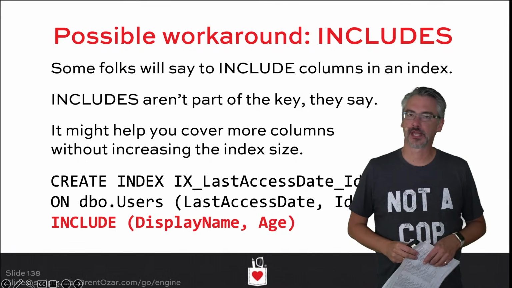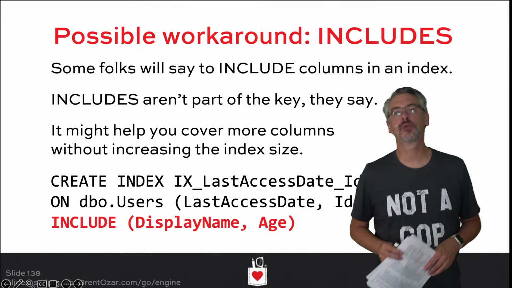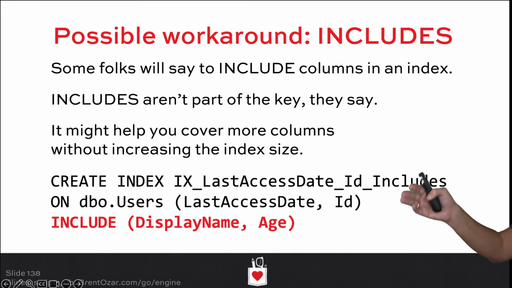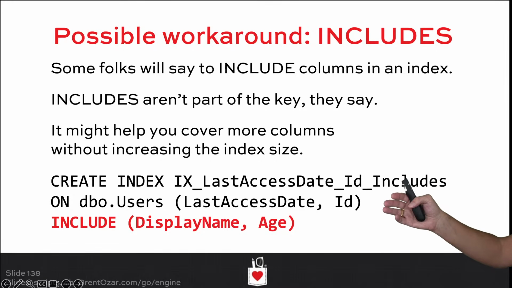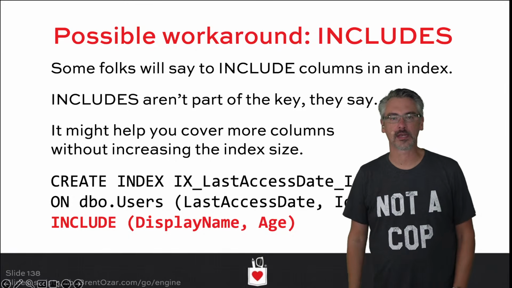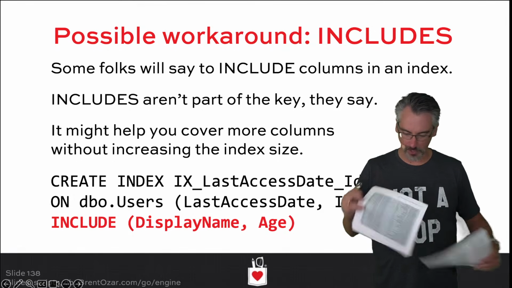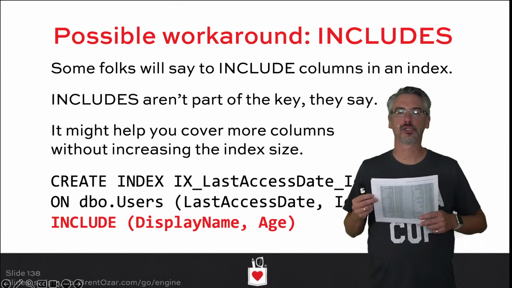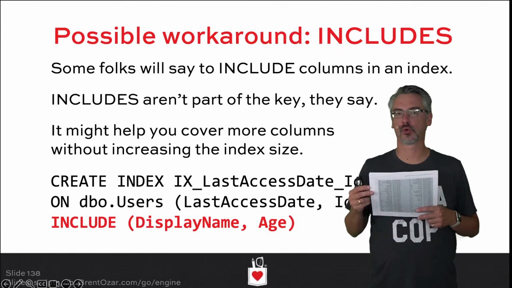Sometimes you'll hear people say that there's a fix, which is including columns in an index. In the last one, when I created the index, I said create the index on last access date, ID, display name, and age. In theory, you could just include columns, and they're supposed to be more lightweight. Include means I want you to put them on the 8K page, but I don't want them sorted in order.